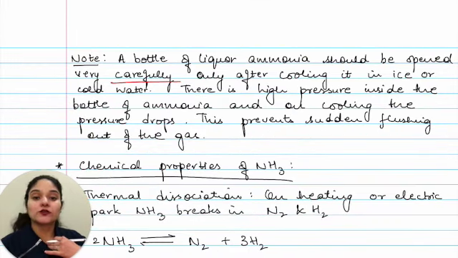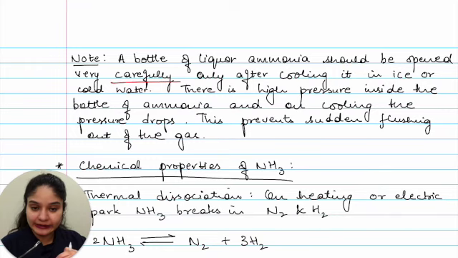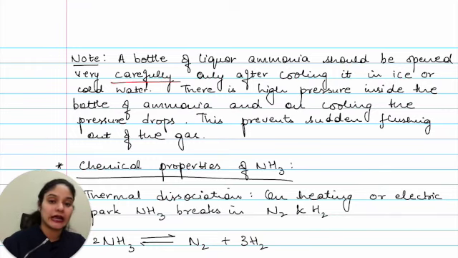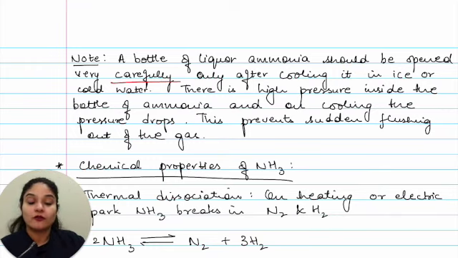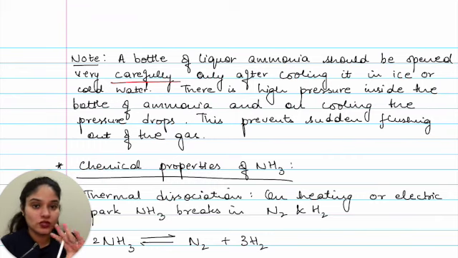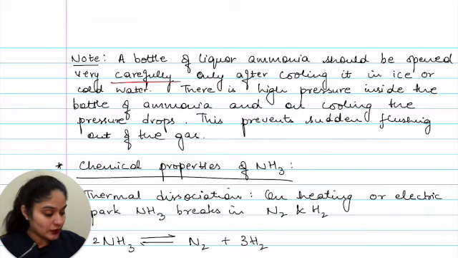A bottle of liquor ammonia should be opened very carefully only after cooling it in ice or cold water. Why is that? Because there is high pressure inside the bottle of ammonia, and on cooling the pressure drops.